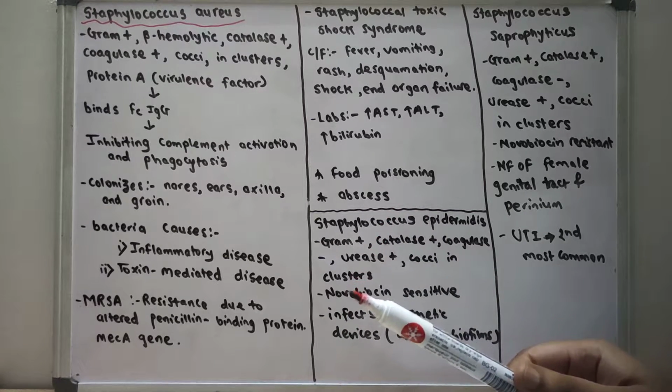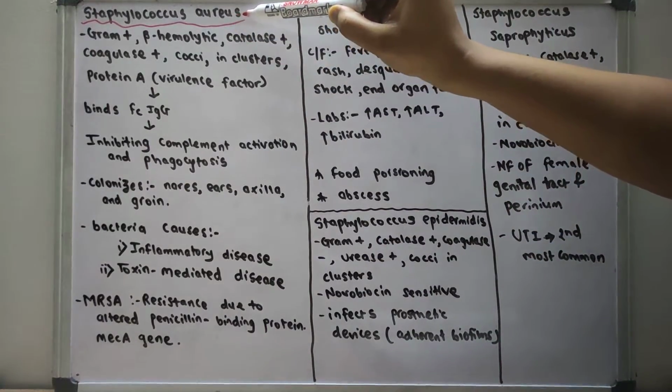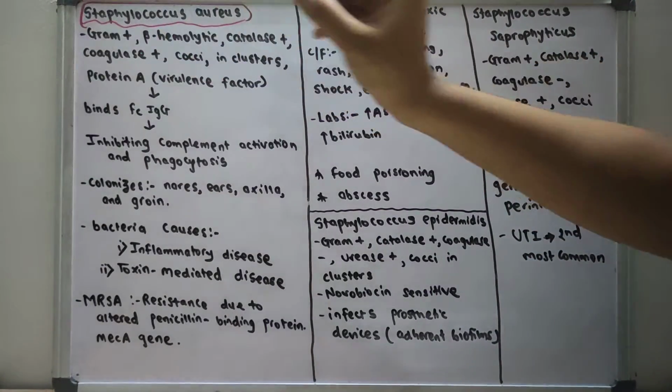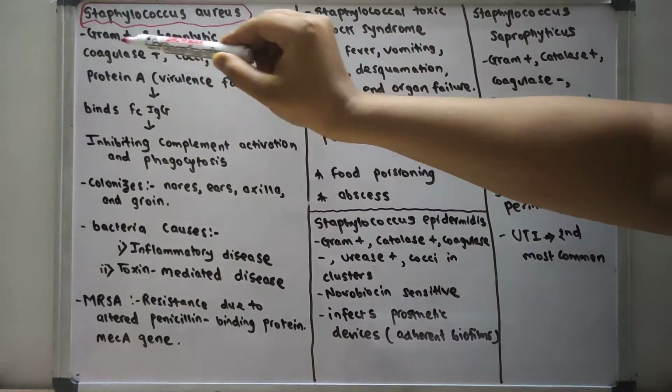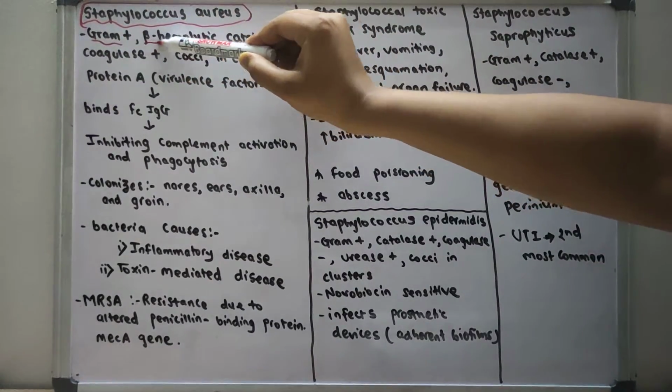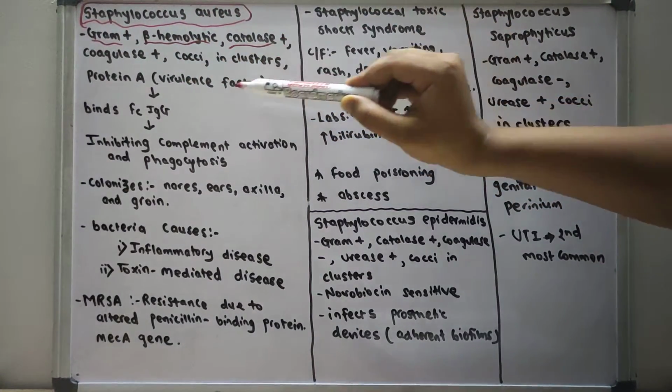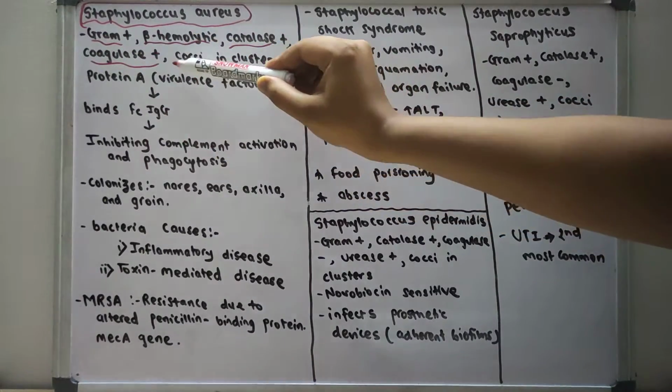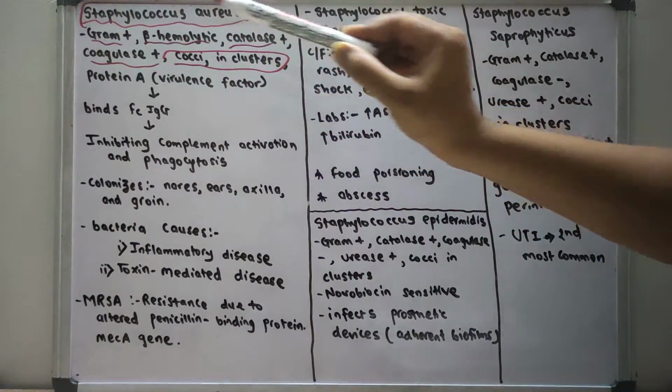Now let us move towards Staphylococcus aureus. Staphylococcus aureus is gram positive, beta hemolytic, catalase positive, coagulase positive cocci that occur in clusters.